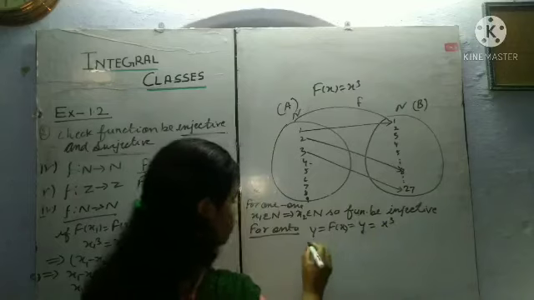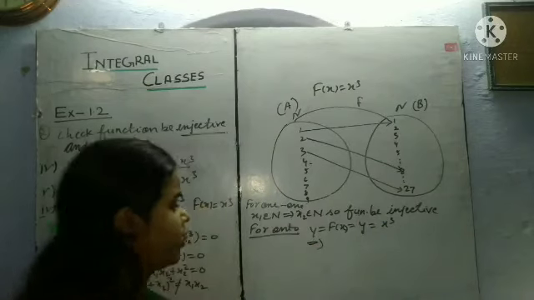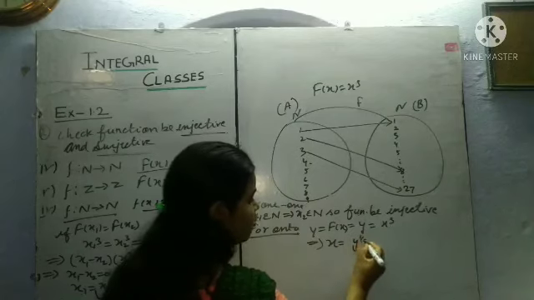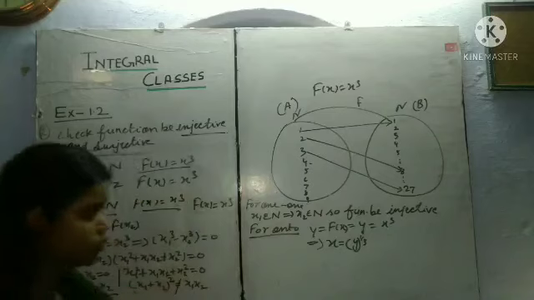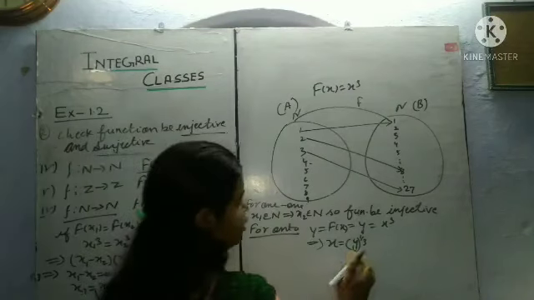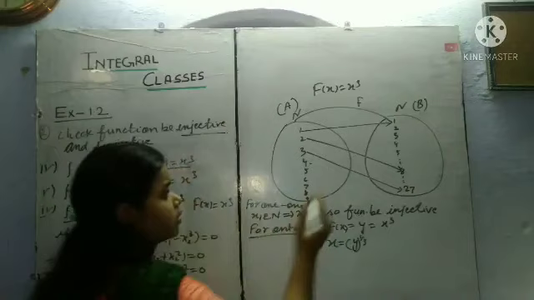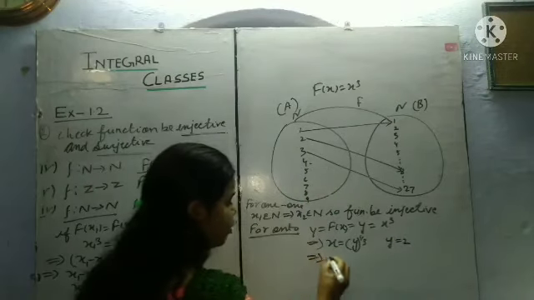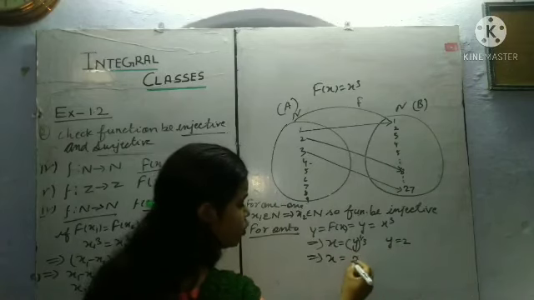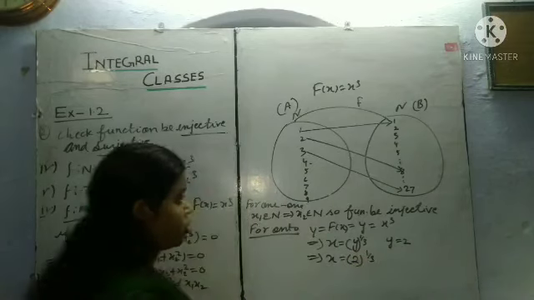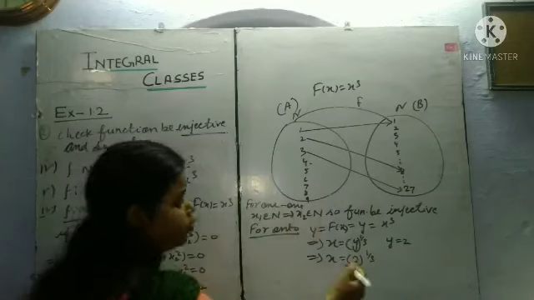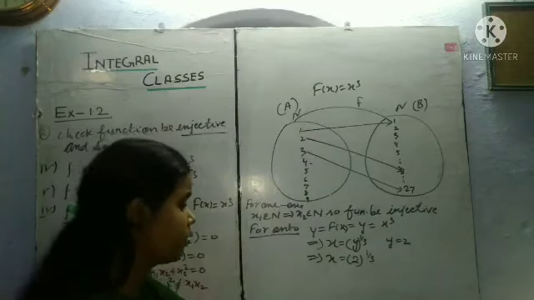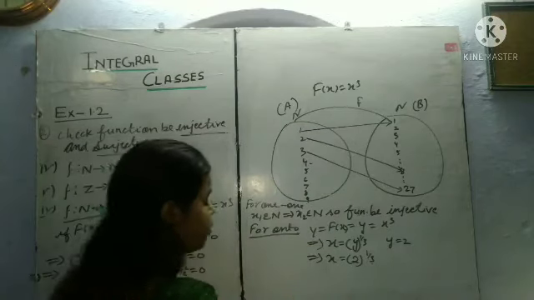x cube. So now we will find the value of x in terms of y. Sorry, x equal to y to the power 1 by 3. So student, if we put y equal to 1, then we will get 1. Suppose we put y equal to 2 here, then x is equal to 2 exponent 1 by 3. In the set of natural numbers, 2 exponent 1 by 3 does not exist. So this function is not onto.